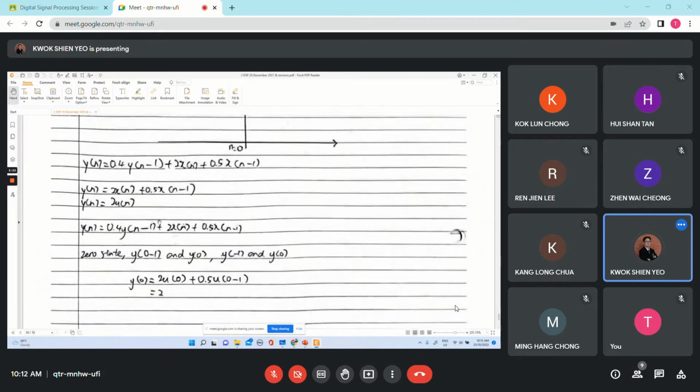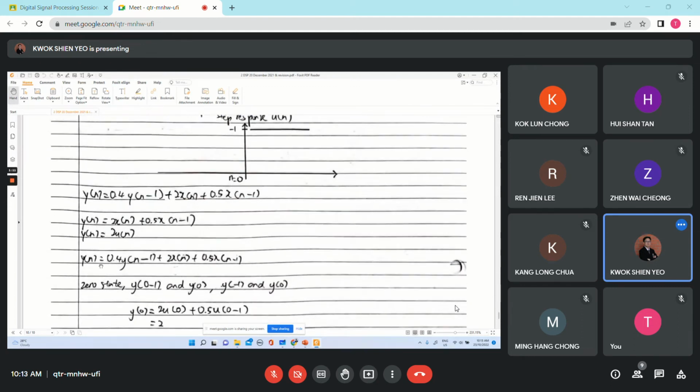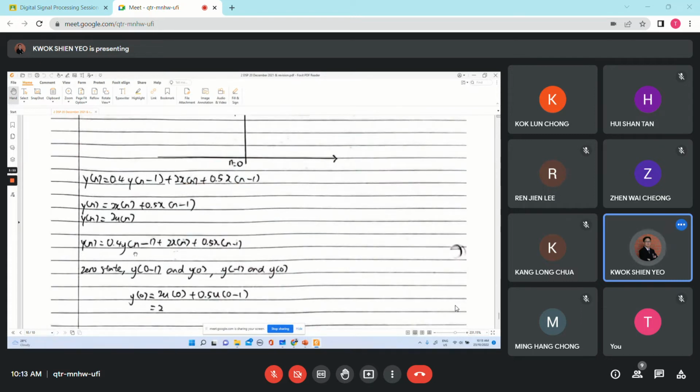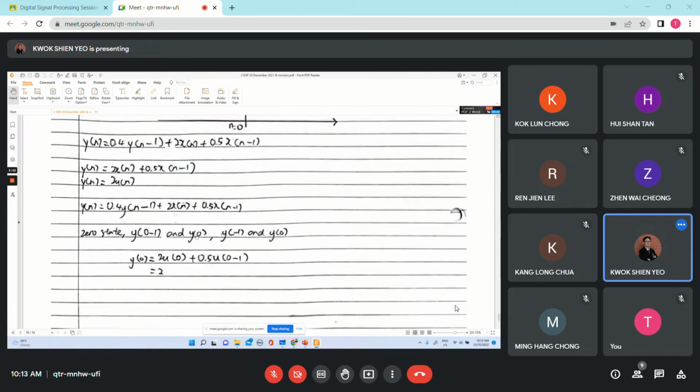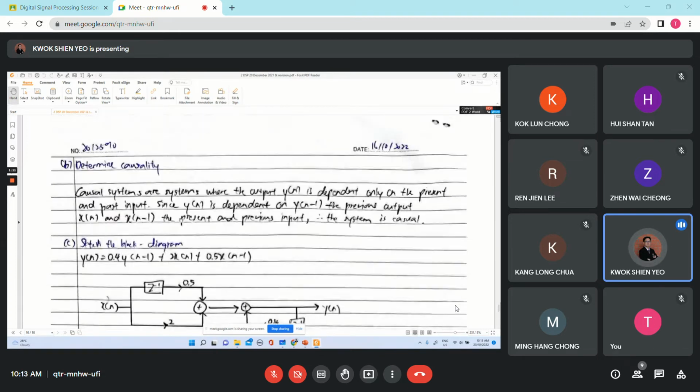I think you are correct. You got this, then suddenly you have this. You rewrite this again for zero state equals 2. So you got y(0) equals 2. We'll look at what the questions are.